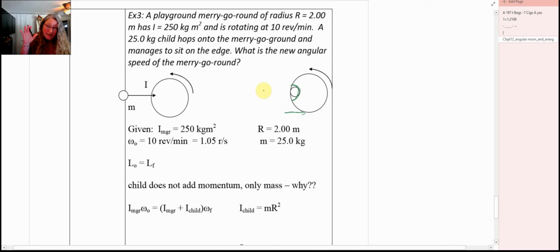So if the merry-go-round is stationary and I run straight at it, it's not going to start rotating. I can only get that rotation if I have some sort of tangential component, something perpendicular to that axis of rotation, to get it to go. Straight on won't do it.